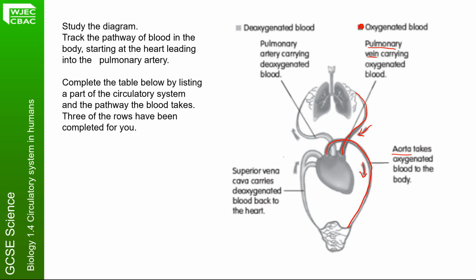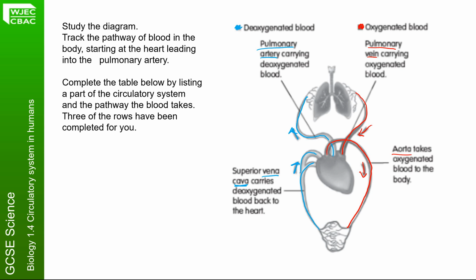Whereas on the right-hand side, we've got our deoxygenated blood is going to come into the heart, where it's dropped off the oxygen to the body cells by the vena cava, and it's going to pump that deoxygenated blood up to the lungs by the pulmonary artery to go and pick up more oxygen.